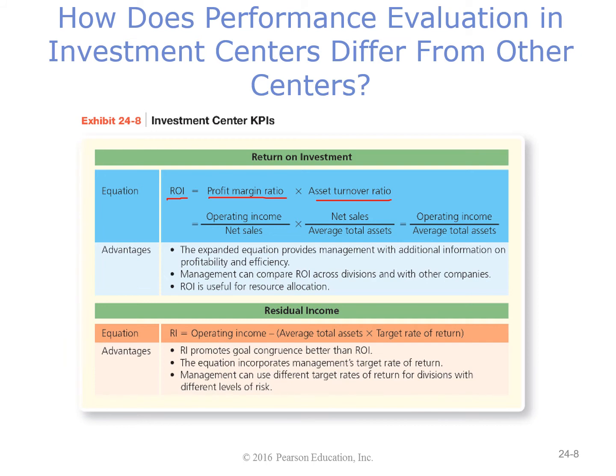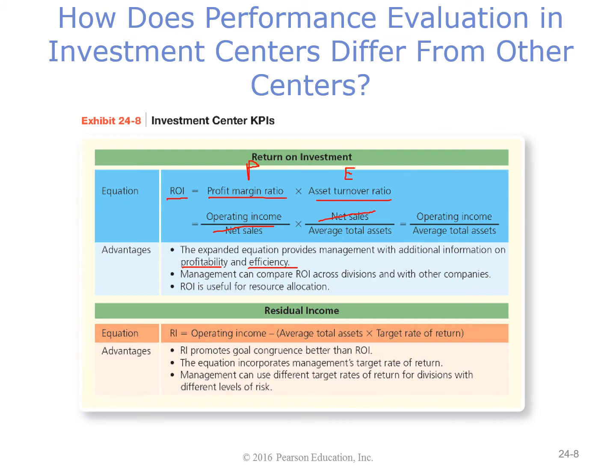If we eliminate the net sales mathematically, it is operating income over total assets, and this is what we said from the beginning. The main advantage of the expanded equation is that it provides management with additional information on profitability and efficiency, because it tells me the contribution of each dollar invested in assets in generating that part of sales.